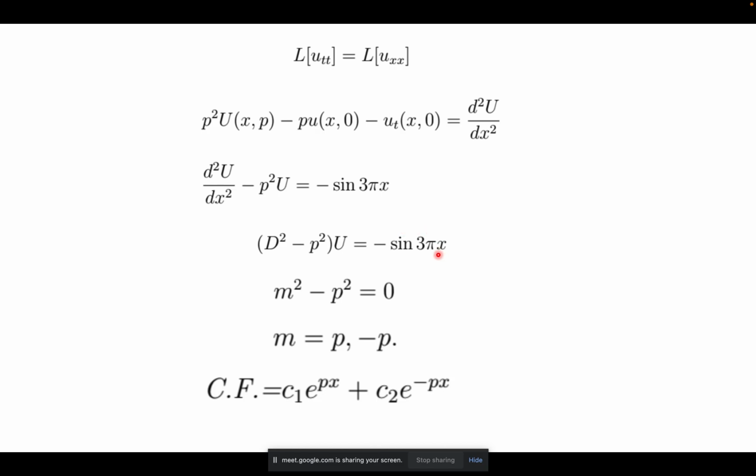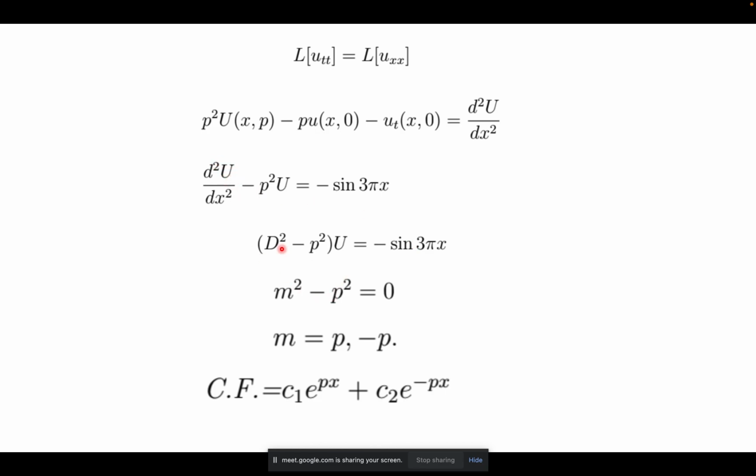In order to solve such a problem, you first find the auxiliary equation of the left hand side, then you write the complementary function, then you calculate the particular integral for the right hand side also, and then you take the superposition of the complementary function and the particular integral, and you will get your answer, which is nothing but u.